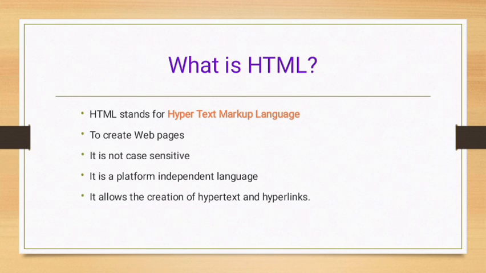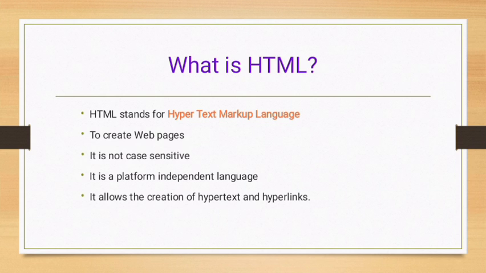Next, HTML language allows the creation of hypertext and hyperlinks. Hypertext means you can create images, audios, videos, anything can be created in the web page. And hyperlink means when you click any link, it will open another web page.